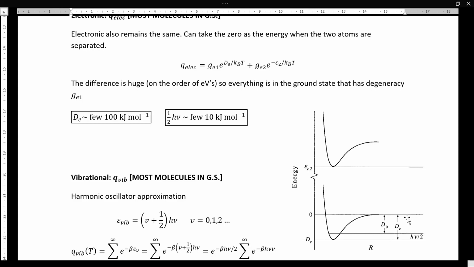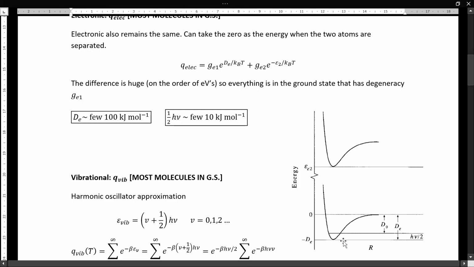Alright. So when these two atoms are completely separated, then there's no interatomic interaction, no bond, nothing, and that is the 0 of energy. If that is chosen to be the 0 of energy, then the minimum of this curve, which describes the bonding situation, happens to be at minus dE, d equilibrium, right?